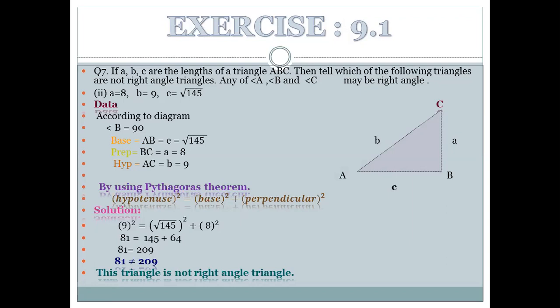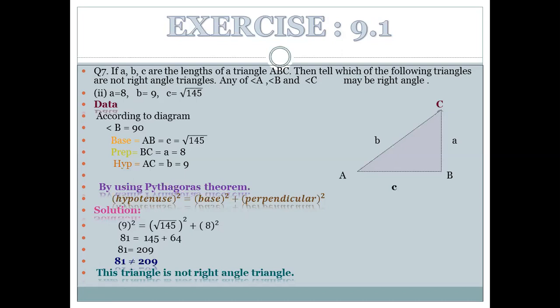Then the three parts are given. You will prove whether they satisfy the Pythagoras theorem. Hypotenuse square is equal to base square plus perpendicular square. When you change which angle is the right angle, A, B or C, then according to this your hypotenuse, base and perpendicular will change. In my diagram, I take B as a right angle.